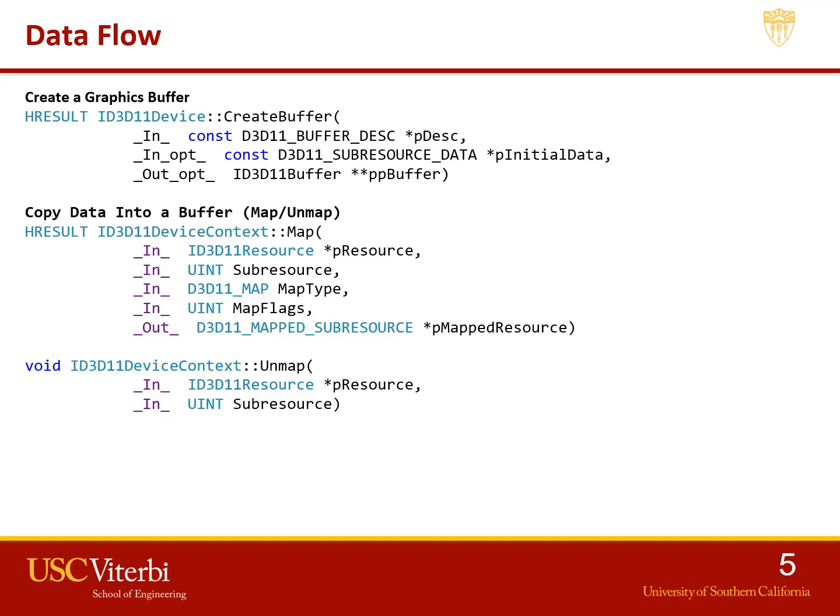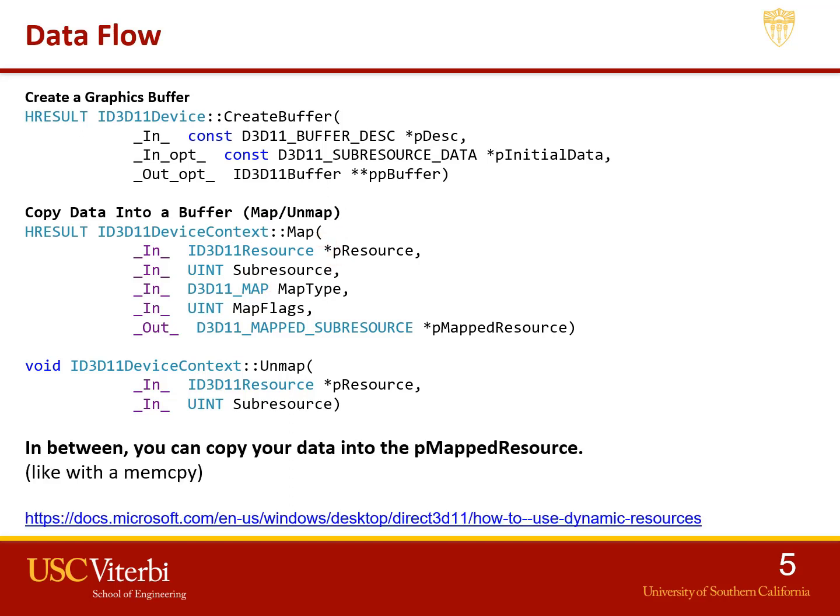Okay, so what do I do? I create a buffer. I want to send that buffer over to the GPU. So first I map it. And then once I've got it mapped, I fill in the address that I get. Here, this is the resource that I want to map.